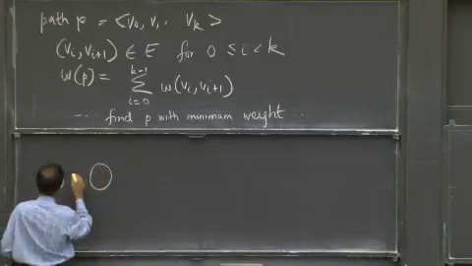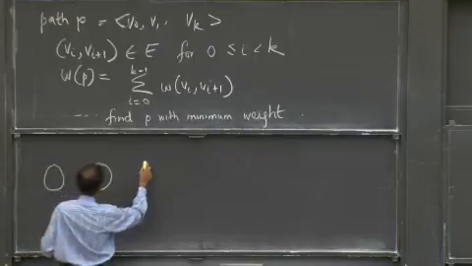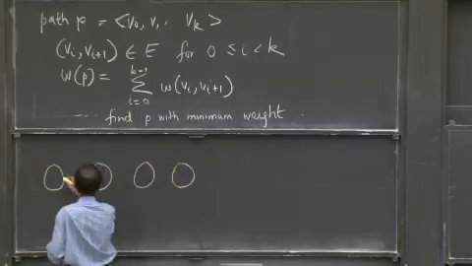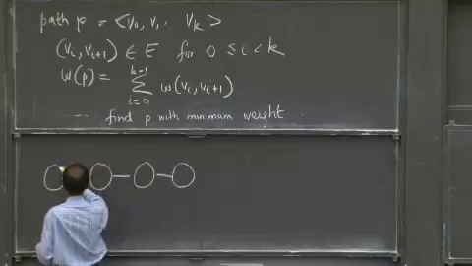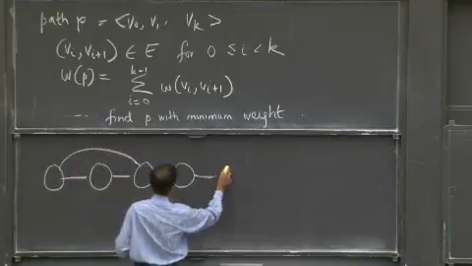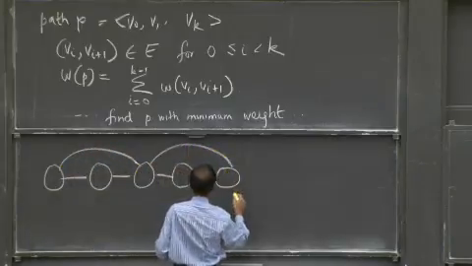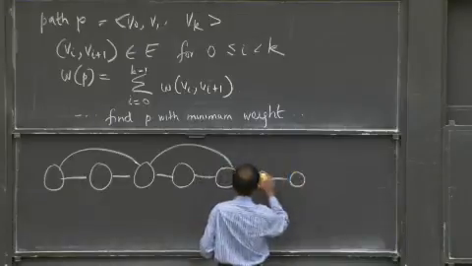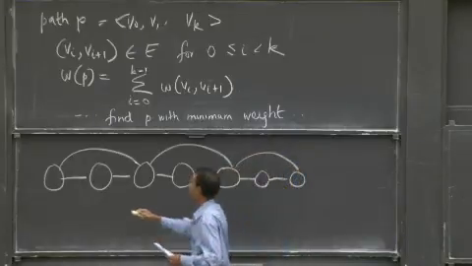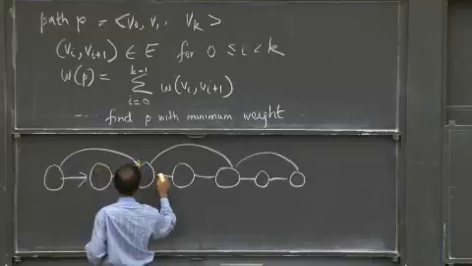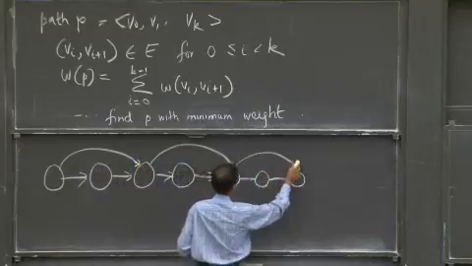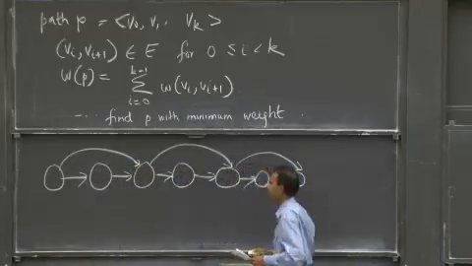And here's a real simple example where you would have an exponential number of paths, and we'll come back to this example later in the lecture. But let's assume that all the directions go this way, and it's a directed graph.